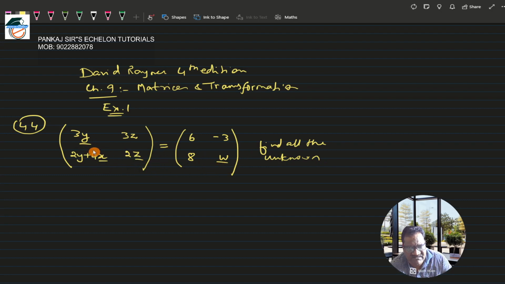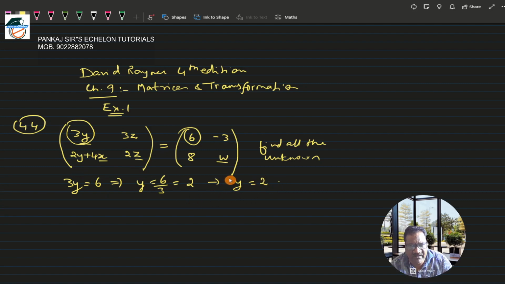Since these two matrices are equal, the corresponding elements will be equal. So can I write 3y equal to 6? This in turn will give me y is equal to 6 upon 3, which is equal to 2. So I get y equal to 2, the first unknown's value. Then I will equate this 3z to minus 3, because these are again the corresponding elements of the equal matrix.